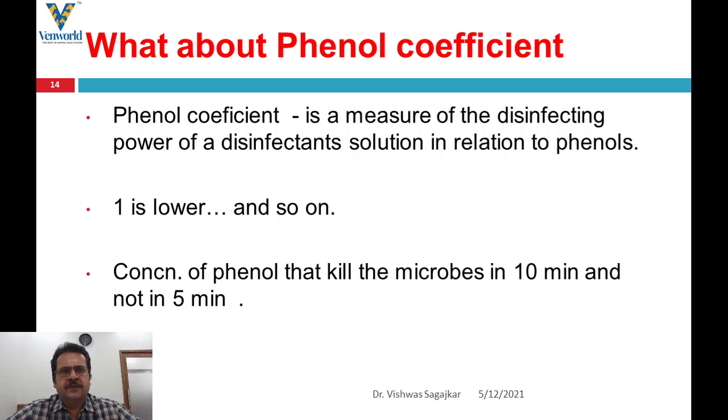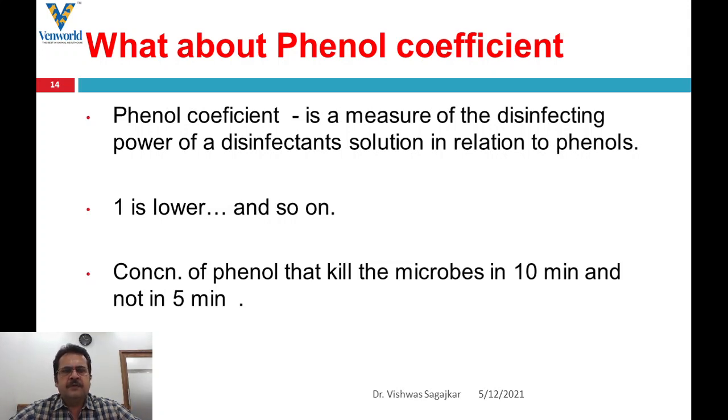its phenolic coefficient. So what is phenol coefficient? It is a measure of the disinfecting power of any disinfectant chemical in relation to phenol, because phenols are generally regarded as a high level disinfectant. If it is one, it is lower, and less than that it becomes ineffective.